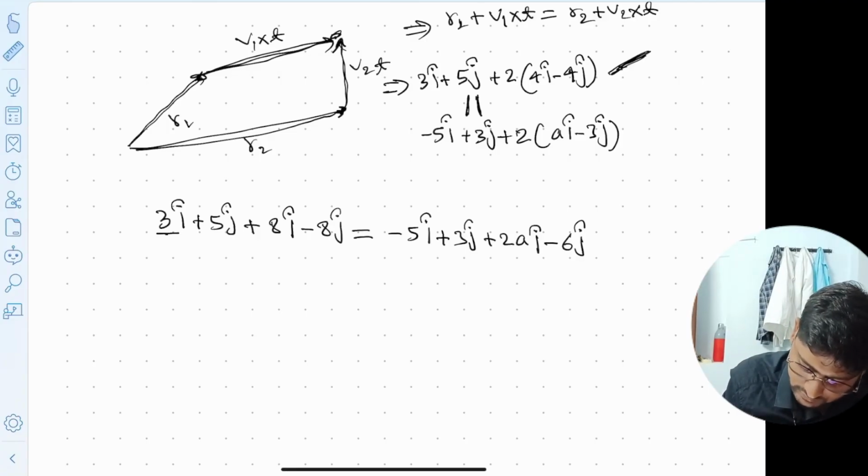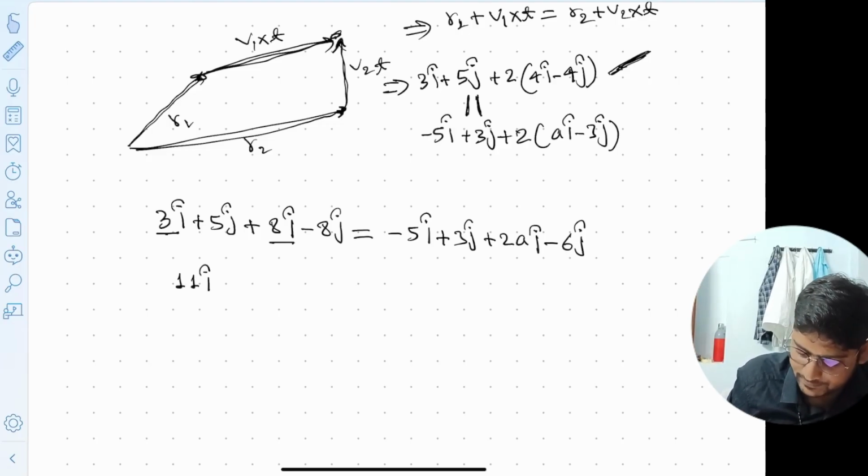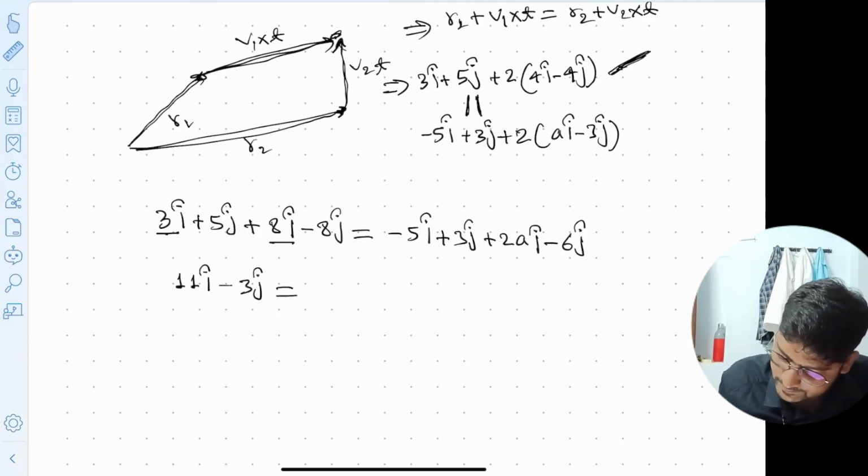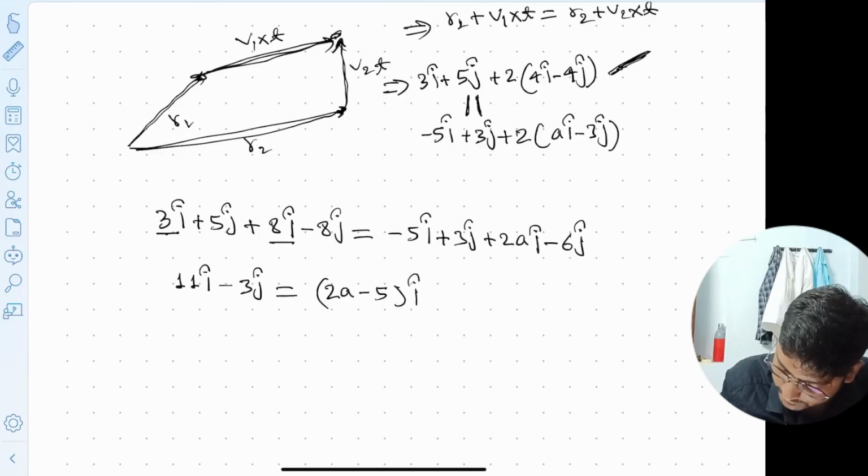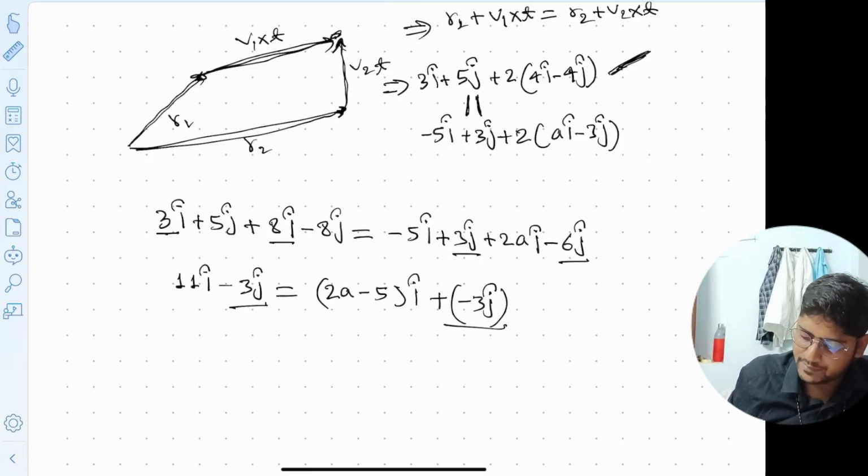So 3 i cap plus 8 i cap equals 11 i cap, and 5 j cap minus 8 j cap equals minus 3 j cap, which should equal minus 5 i cap plus 2a i cap, and plus 3 j cap minus 6 j cap, minus 3 j cap. So minus 3 j cap equals minus 3 j cap, okay.